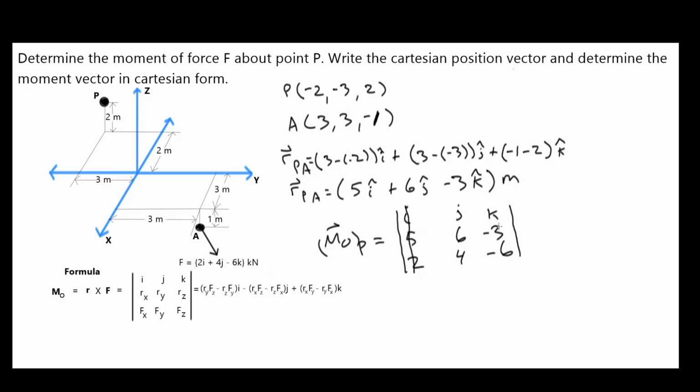You start at the bottom right, cross multiply with the top, and then subtract it by starting with this bottom number and multiplying it with this upper right number, following this formula.